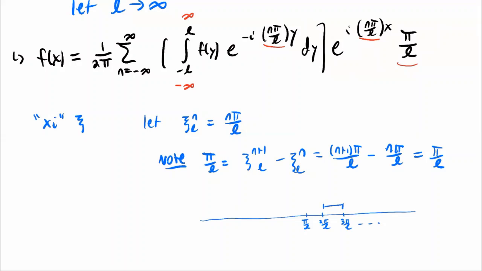Well, pi over L is just the width between these different points as I let n vary. So this is xi 1 L, this is xi 2 L, xi 3 L, and the width at each stage is given by pi over L.